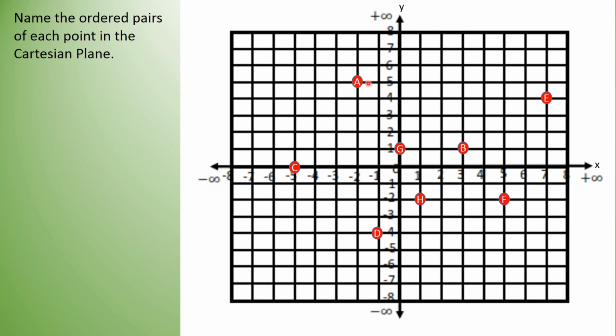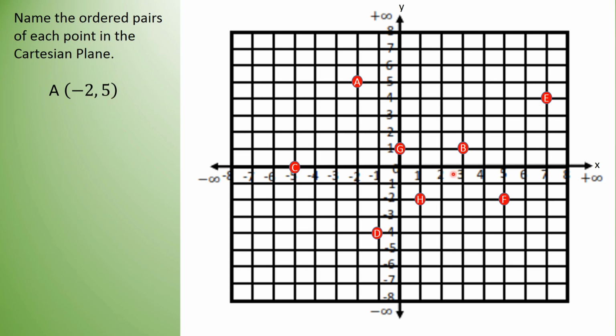And then, the second coordinate will be the value on our y-axis. Okay, example, we have point A. So take a look first at the x-axis. So we have here -2 and then followed by the coordinate on the y-axis, which is +5. Therefore, point A is the ordered pair -2, +5.